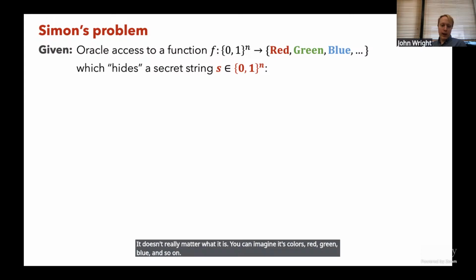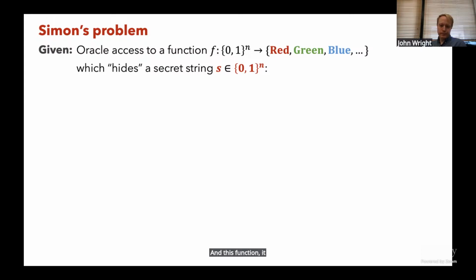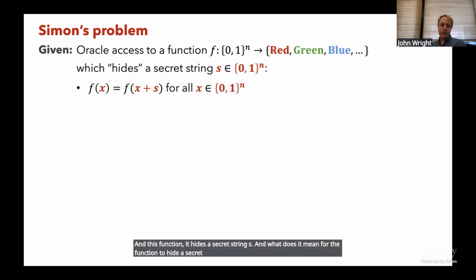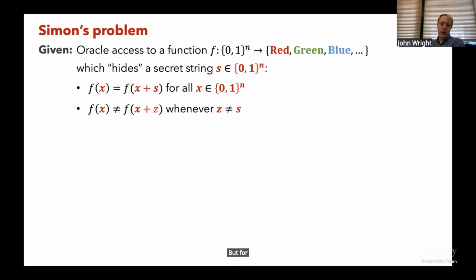And this function hides a secret string s. And what does it mean for the function to hide a secret string s? Well, if I take my function and I shift it over by s, it doesn't do anything. So for any x, f of x is equal to f of x plus s. But for any shift that I do, z, which is not equal to s, f of x will not be equal to f of x plus z.